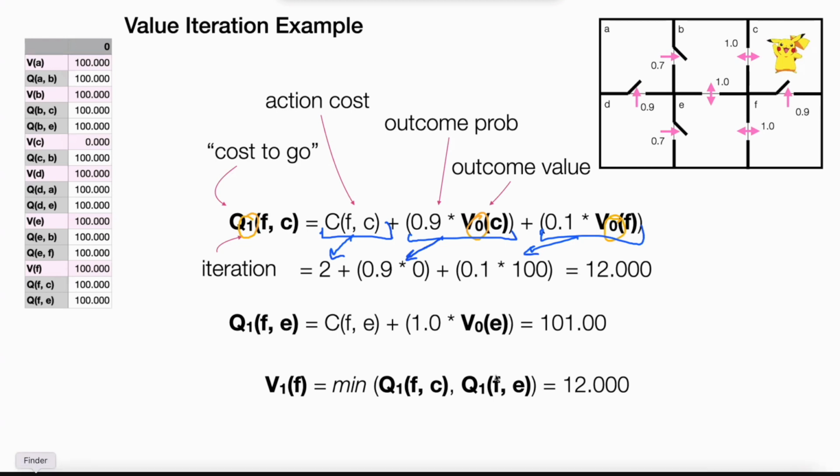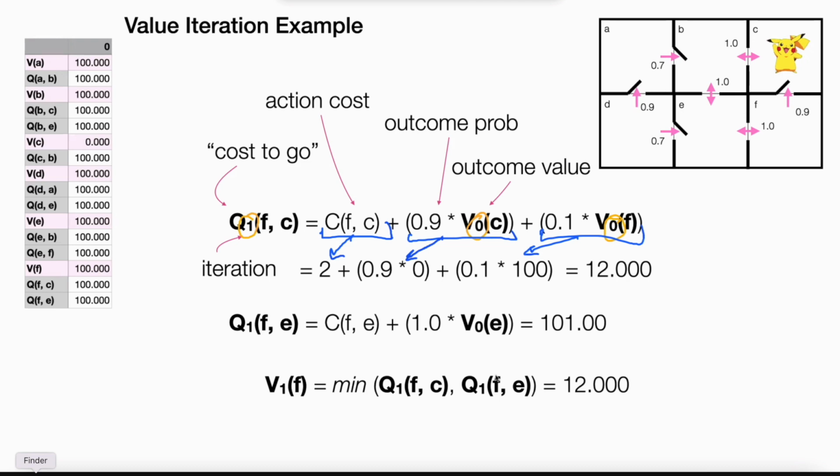Any other questions? The door is one way, so the cost of, for example, C to F is nonexistent. Yes, there's no action that takes us from C to F directly, so we just don't have that option.